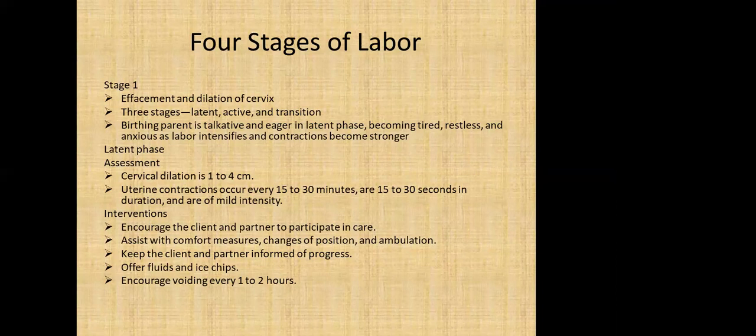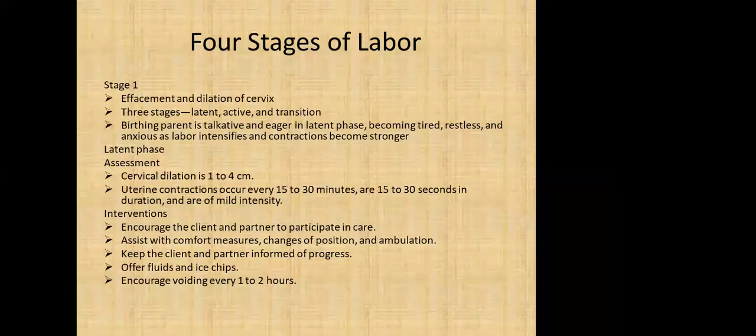If someone is in the latent phase and you want to manage, what are some of the things you can do to assist the client? Remember, we said that if the person is in true labor, no action can resolve the pain. All that you do is to help the woman to cope with the pain, right?